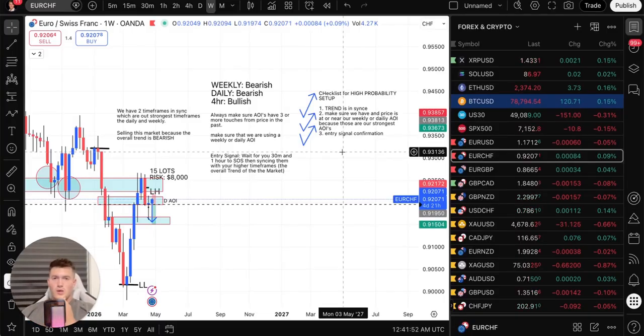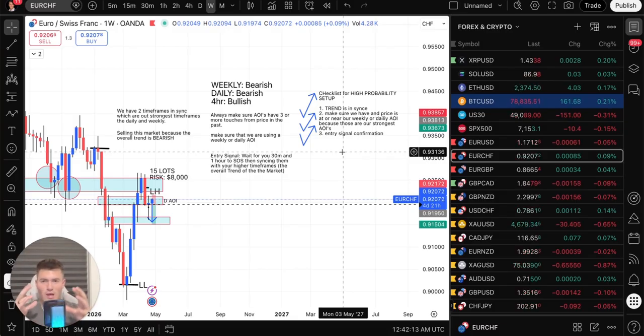Because all you are doing is predicting the market. Is it going to go up or down? And as long as you guys practice and practice and practice and get time in front of the charts, I mean, put 1, 2, 3 hours a day into the charts, looking at them, going over, marking your areas of interest, looking at different entry signals.